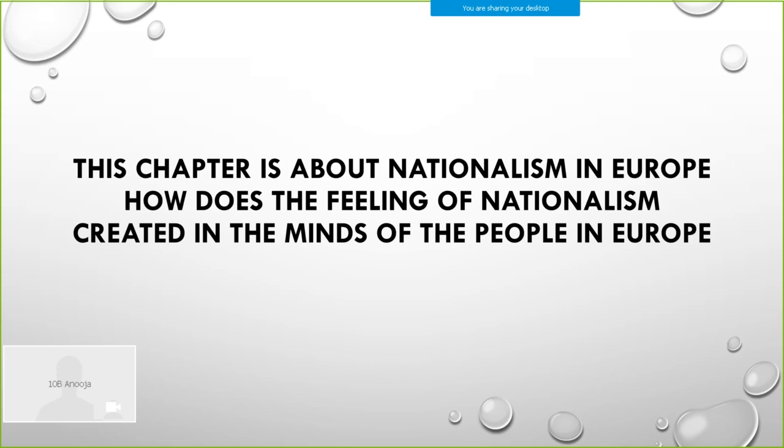If you look into the Indian perspective, we have different cultures, different identities, different religions, different ethnic backgrounds, etc. But still, we are united. And how is this unity created? That is what we are discussing in the context of Europe during the 18th century.